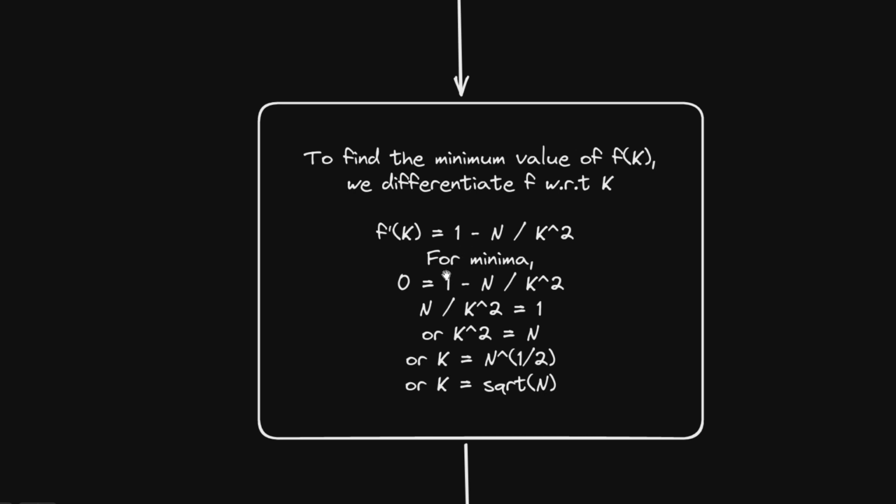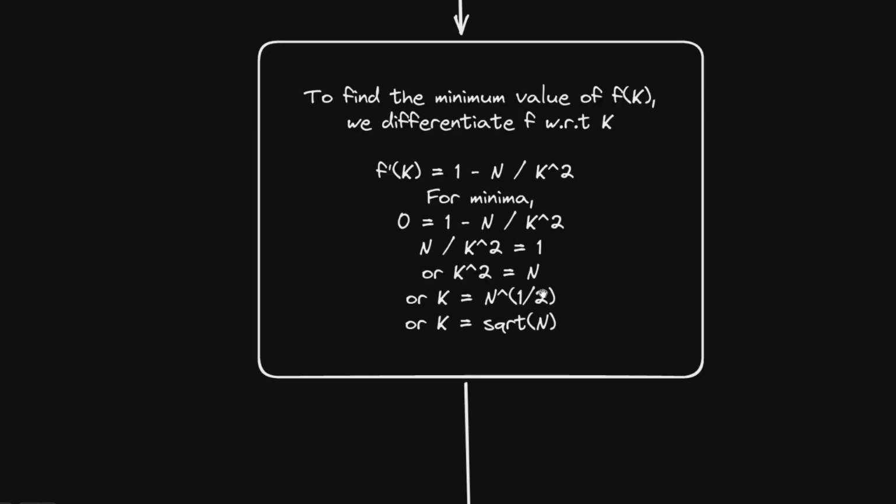For the minima, the slope of the graph will be 0 at the point where it is minimum. Hence we equate the differentiation to 0, which is the standard process for finding the minima. In this way we arrived at k equals square root of n.